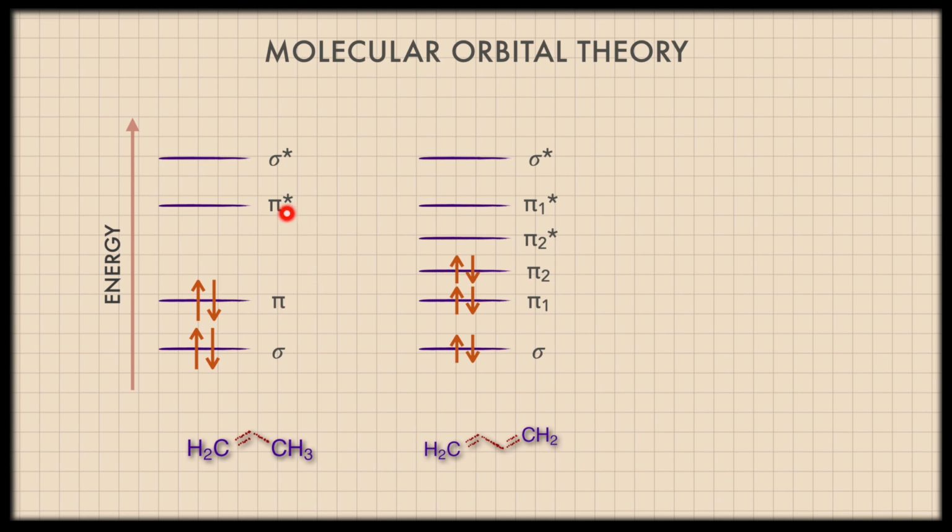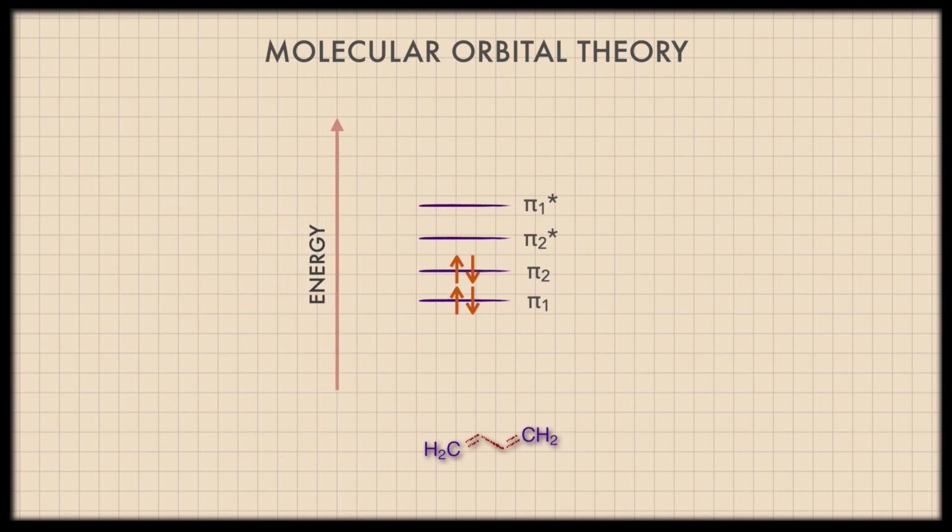The pi to pi star energy difference here is this much, but here, because there are 4 p orbitals, these 4 p orbitals will form 4 different pi molecular orbitals with different energy levels. So you can see here now that the pi 2 to pi star 2 energy gap has decreased due to the conjugation. So that means this will now be able to absorb at longer wavelength compared to this.